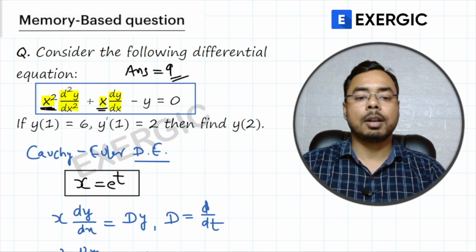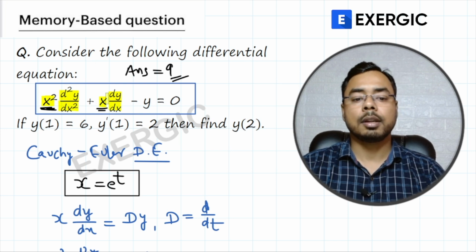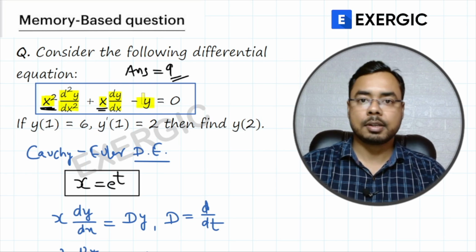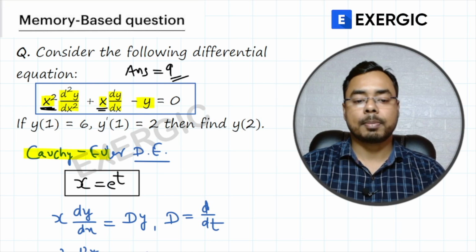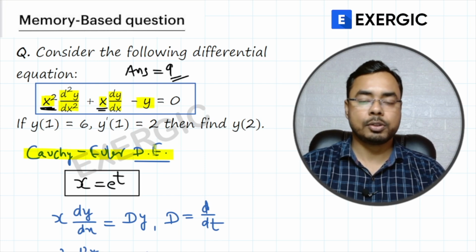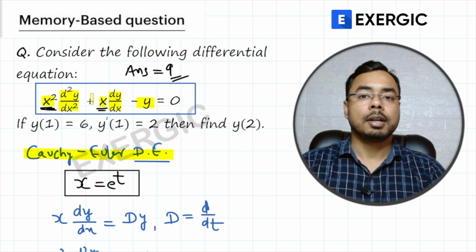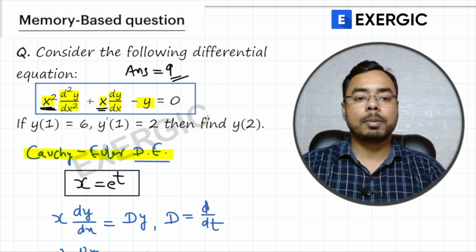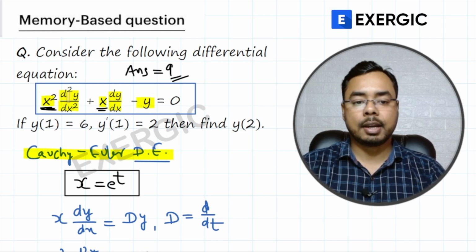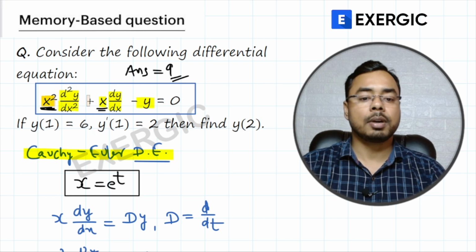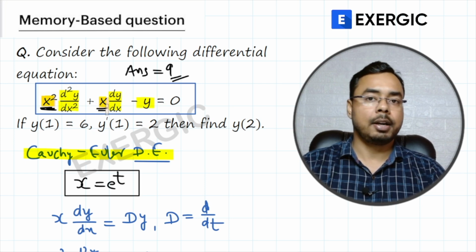So this was the third problem, and again this was a doable question because a similar question we have discussed in our course also, right? A problem based on the Euler-Cauchy homogeneous linear differential equation. The key here is that you should be able to identify that the second derivative is multiplied by x square and the first derivative is multiplied by x.